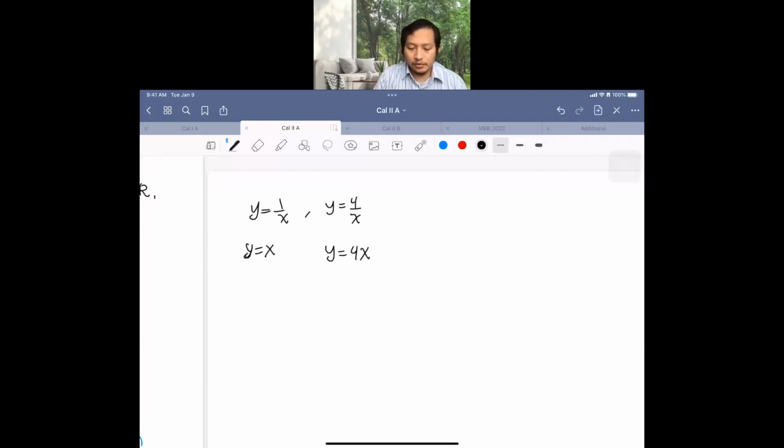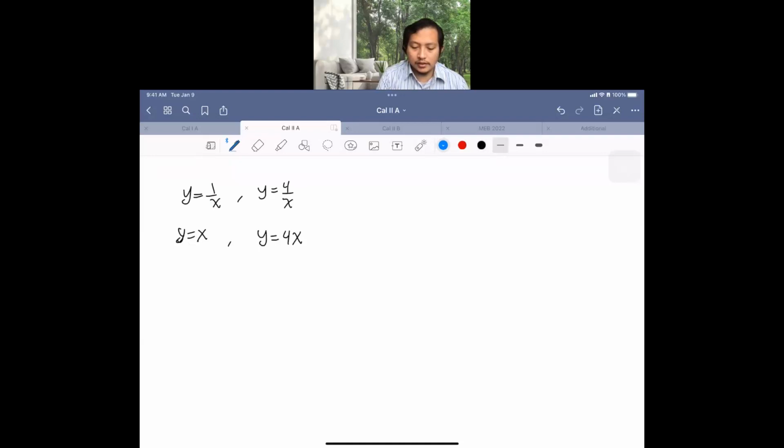What you're noticing here is they have 4, 4, 4. So suppose we can make some simplifications to set up a transformation. But let's just draw first and see what it looks like.